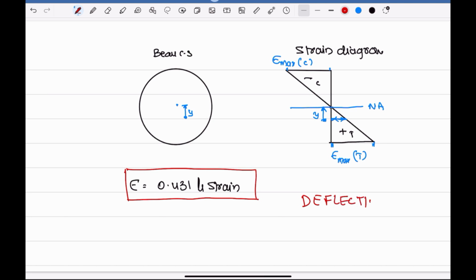This problem will stretch because it is a very big problem which I have taken up intentionally for the benefit of all of you, so that with one single problem you will be able to cover the total syllabus of beams, stresses, bending stresses, strains, strain diagrams, stress distribution, strain distribution, beam theory.